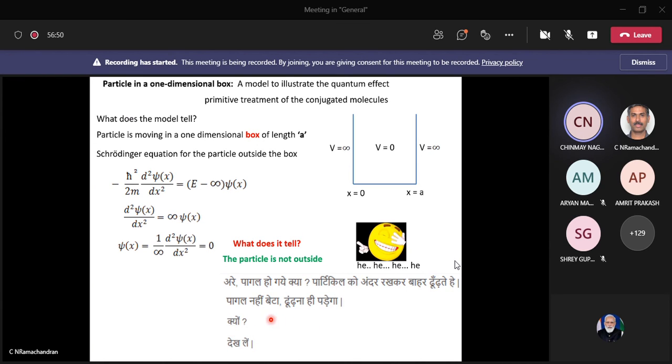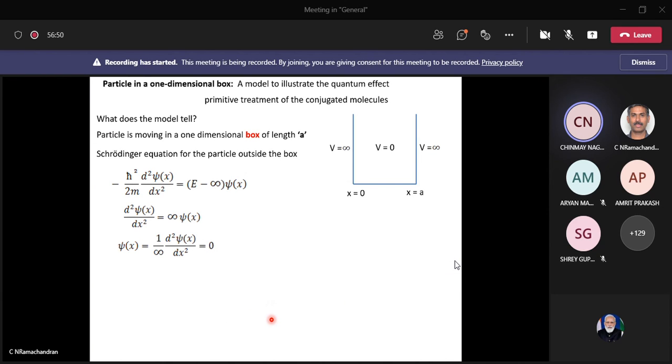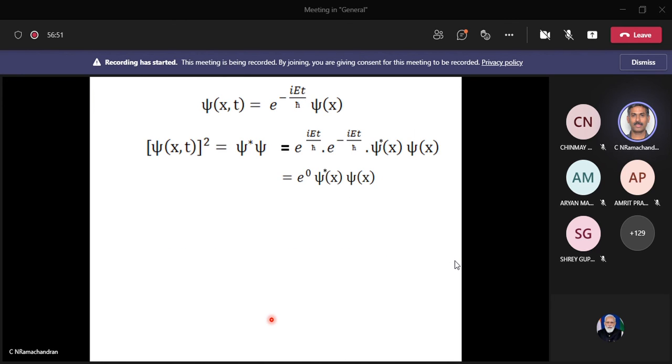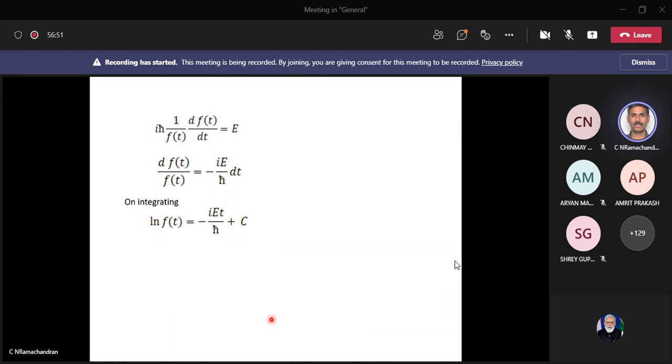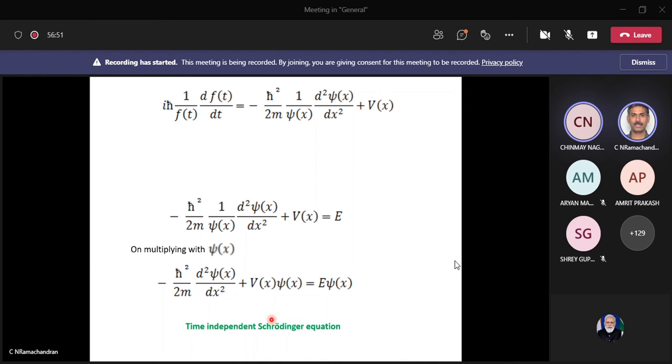Sir, the first equation that you came out with for the wave equation, what is its source? Like the normal wave equation that we have in classical physics, that kind of wave equation? The Schrodinger equation, whatever we discussed today. No, the first equation after which we substituted lambda.